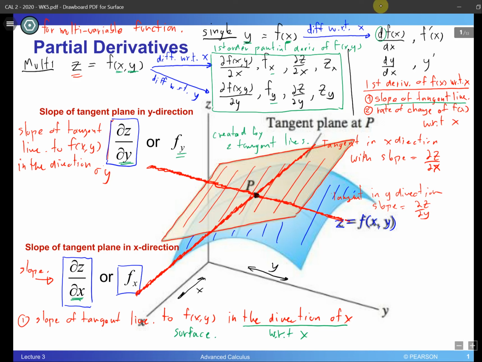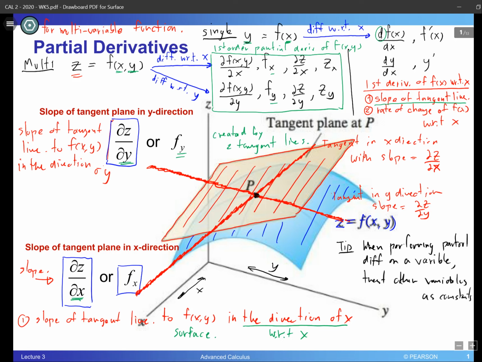One tip: when performing partial differentiation on a variable, if you work on a certain variable, then you treat other variables as constants.